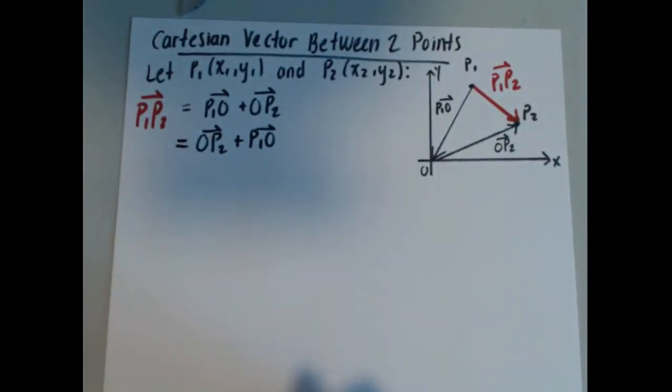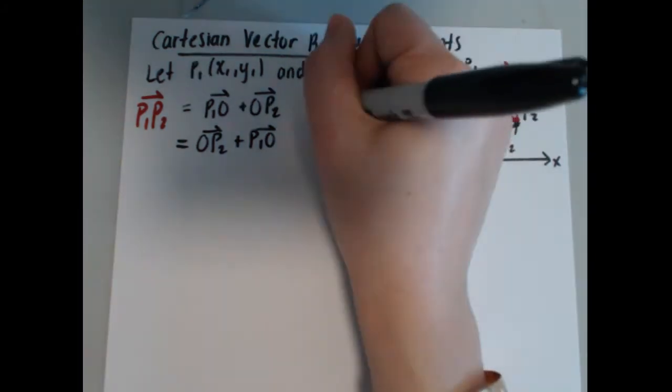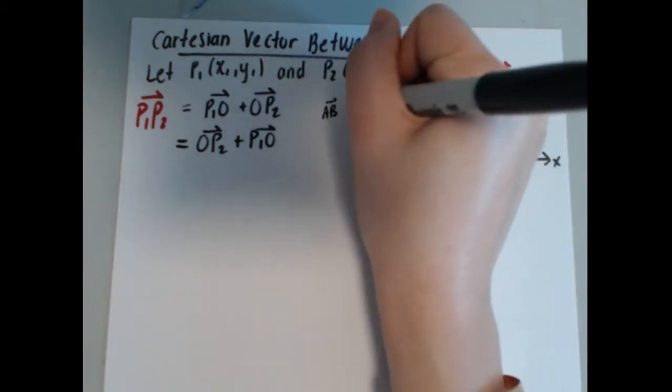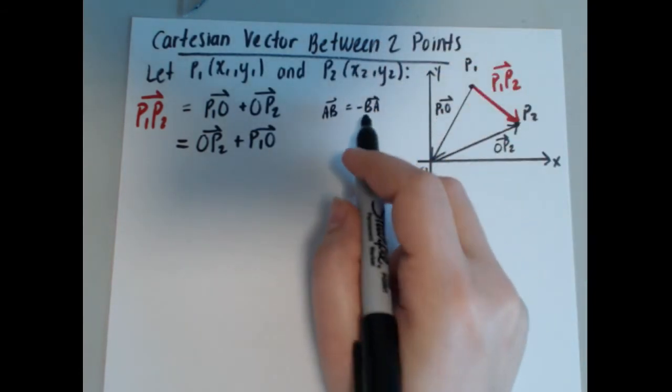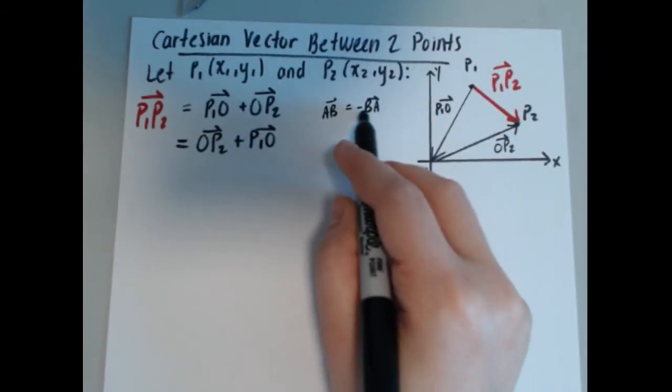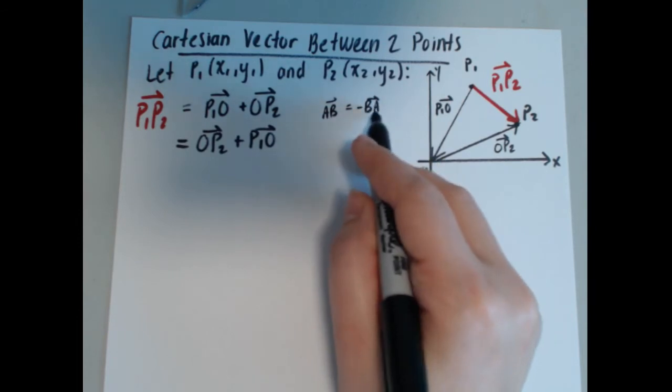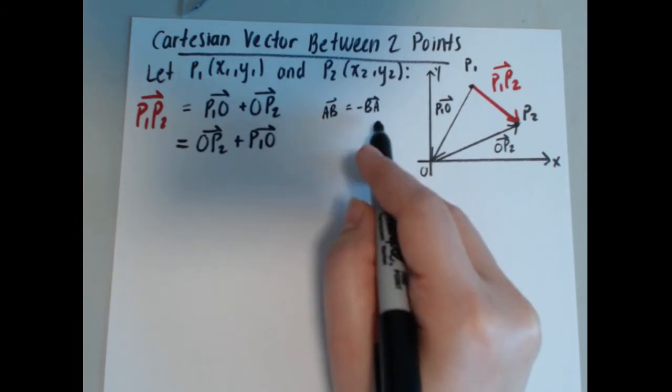All right. Now, from what you remember, opposite vectors, if I have AB, well, that's equivalent to negative BA, right? BA is the opposite of AB, but if I stick a negative in front, that puts it in the right direction again. So now these two are the same.